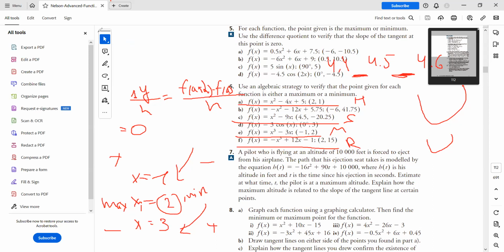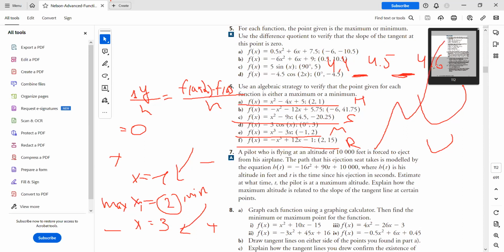For question E, would it be a minimum? In question E, we can see that this is not a quadratic function. It's a cubic function. It has a third power. It's hard to say right away whether it's a minimum or maximum, because a cubic function is going to have both a maximum and a minimum.